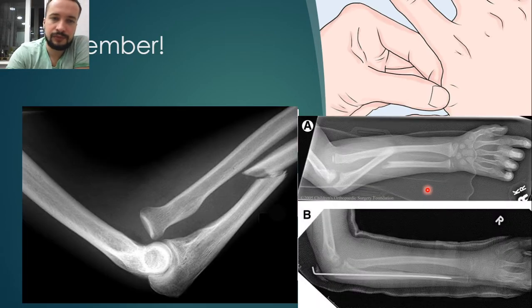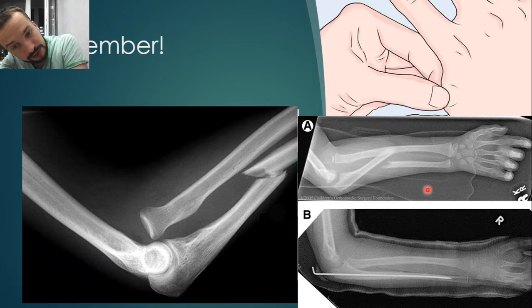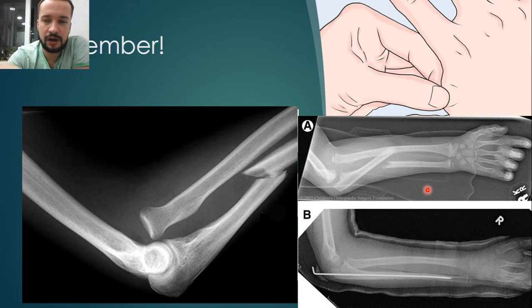Remember, if a dislocation is suspected, it is necessary to check the pulsation. And there I show you some dislocation with fracture, where if we reduce the dislocation, we will have some problem.